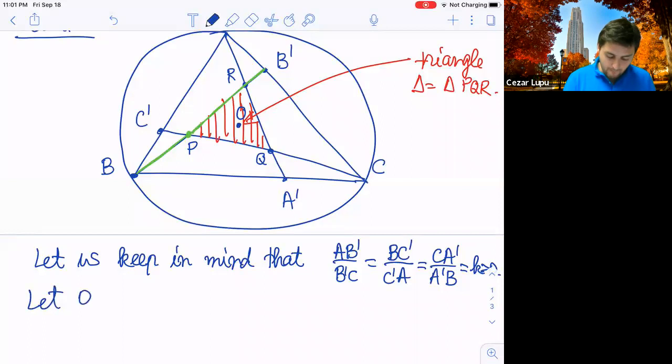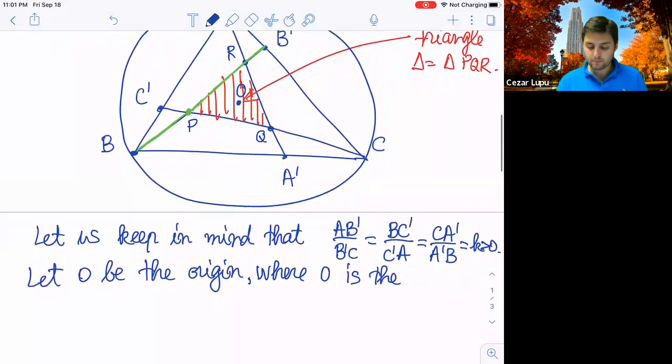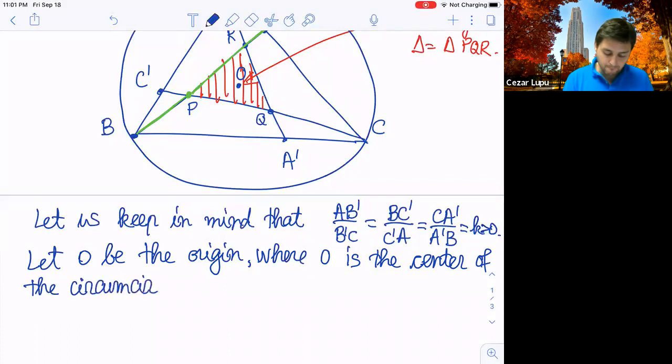Let O be the origin, where O is the center of the circumcircle.